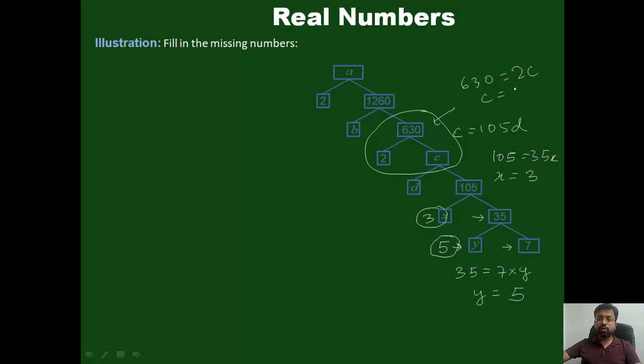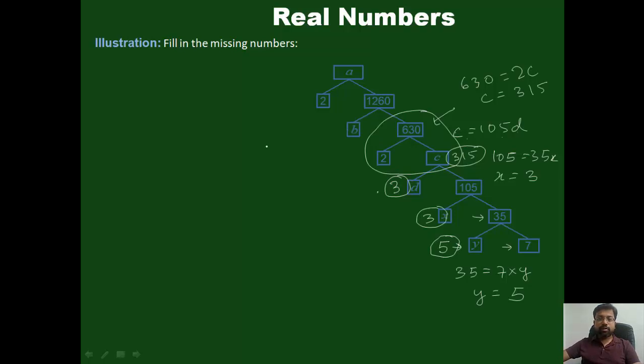So you get c is equal to 315. So here you were able to find out c is equal to 315. And from this equation c is equal to 105 into d, you get d equal to 3. Because if c is 315, d will be 315 divided by 105, which is equal to 3.